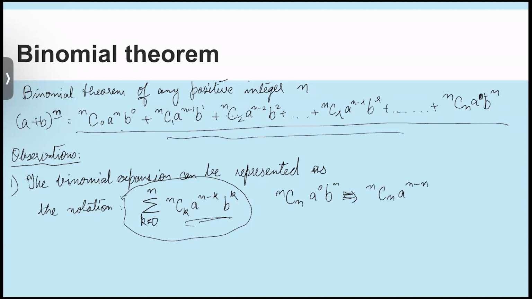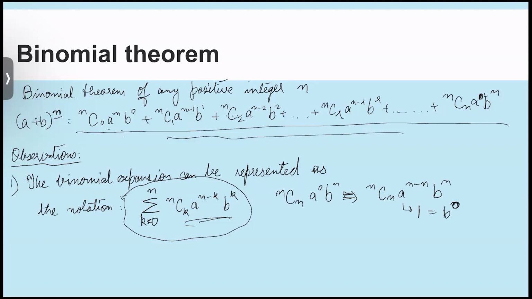When k is n, this means the same thing. And this again will be 1, because a raised to 0 is 1. So in the first term, a is raised to n, b is raised to 0, and b raised to 0 is 1 again. This is something that we observe.